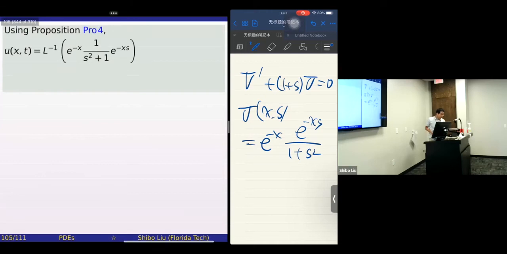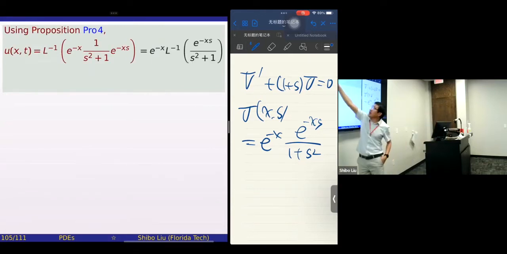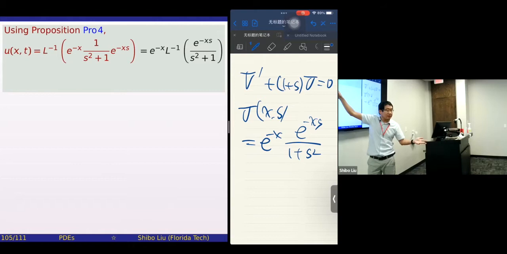Then our u is the inverse transform of this capital U. As I said before, the exponential of minus x is a constant because we are working with s and t, not x. The inverse transform is linear, so it can be moved out of the transform.